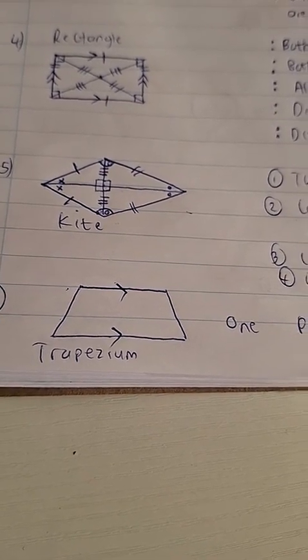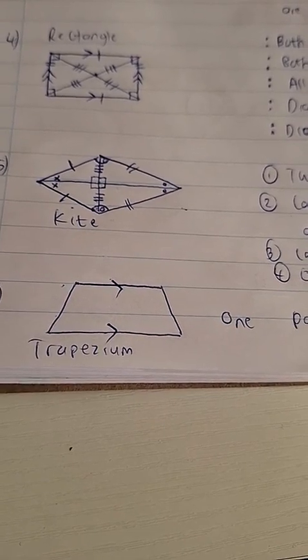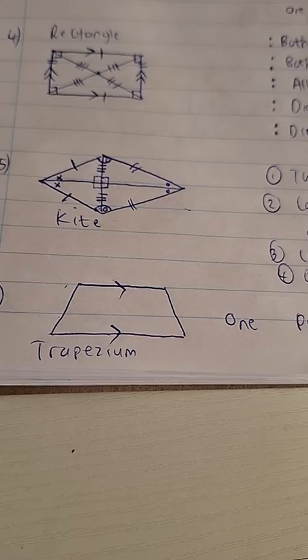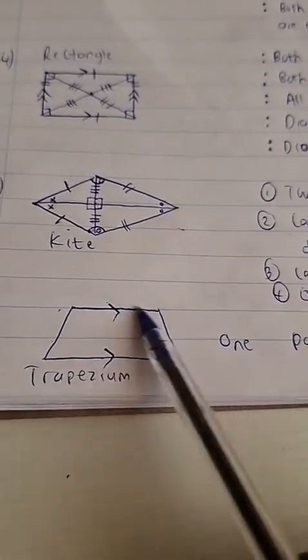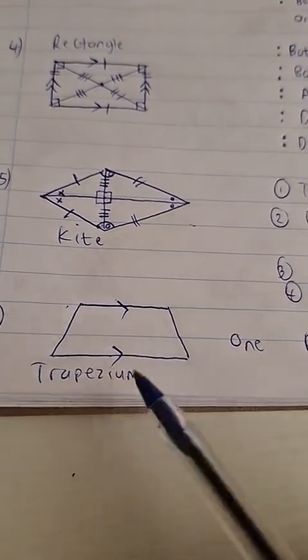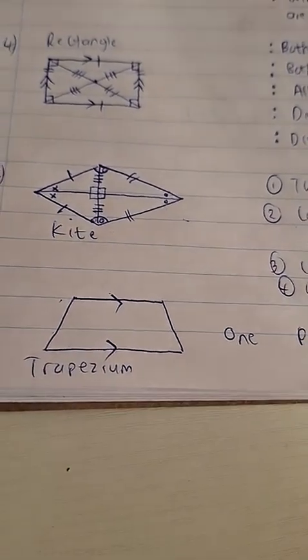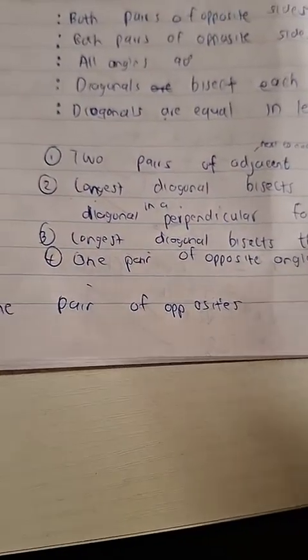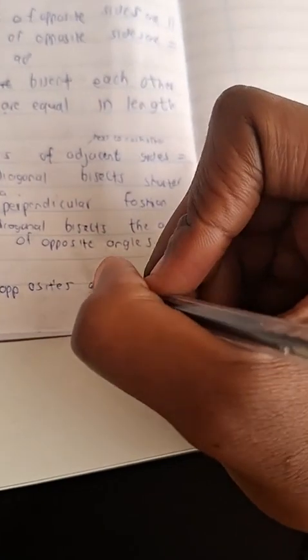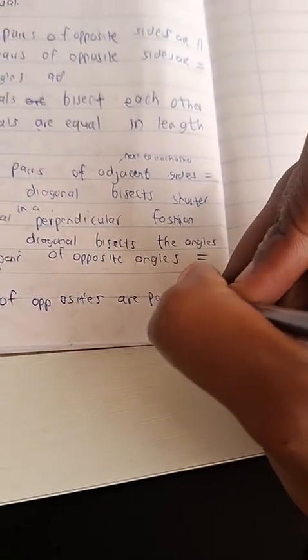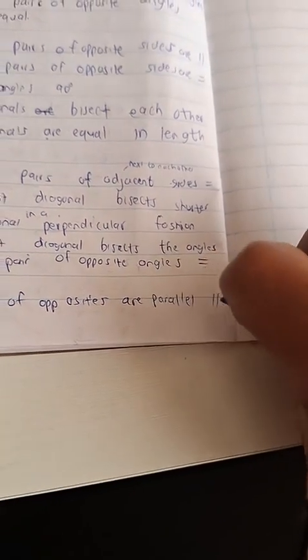We don't have participators. I'm looking for participators. One pair of opposite sides of a trapezium, just one pair. They are what? Thank you, Lesego. Yes, they are parallel. That's what I was waiting for.